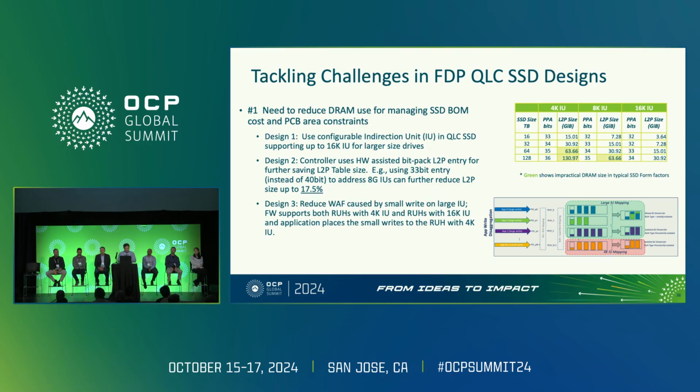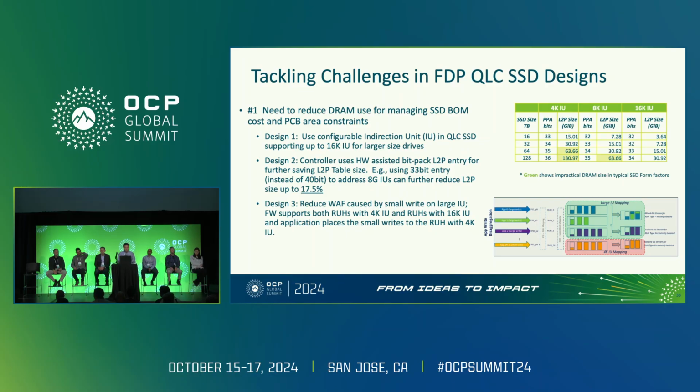Number 3 is reduced WAF caused by small writes on the large IU. The issue arises when we have a large IU but still have small writes. I think some companies are working on changing the software stack to support the large IU.